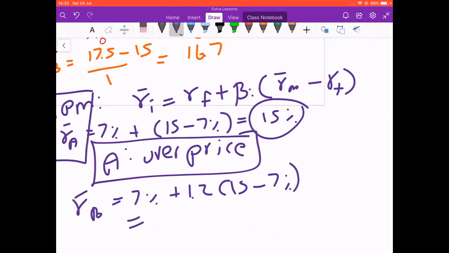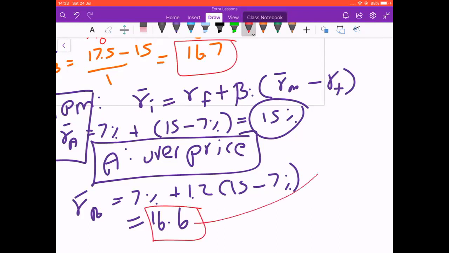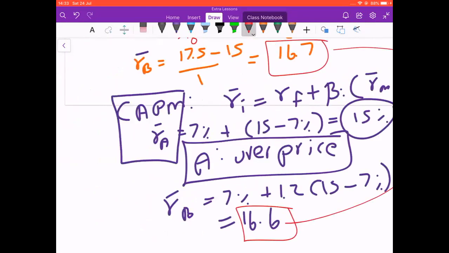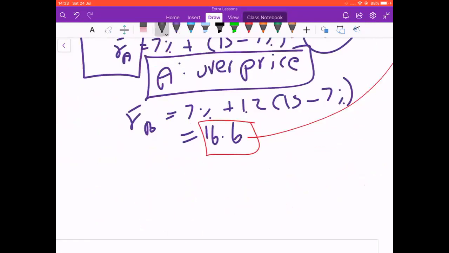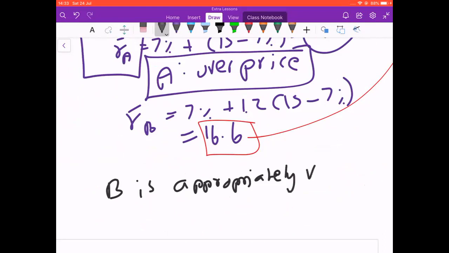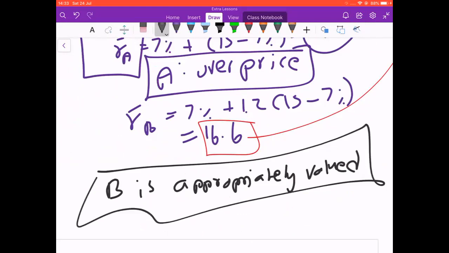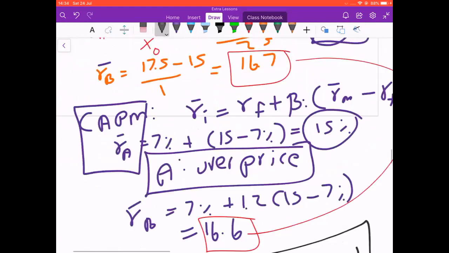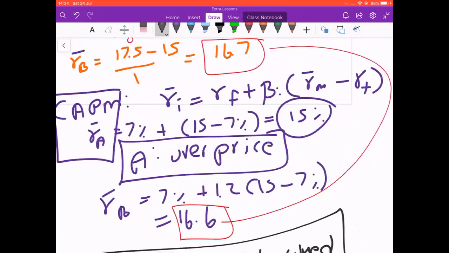So these two are close enough, so you can say that B is appropriately valued. Maybe they will want you to use something like 17%. If this is the case, you can see that they are almost the same.